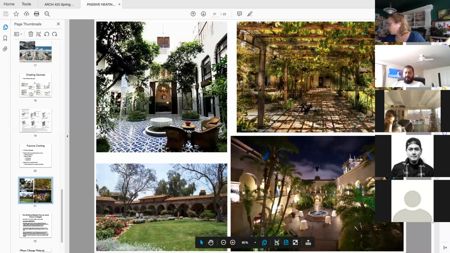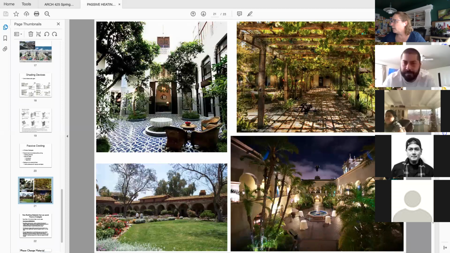This picture's all lit up and dressed up for some event, but they have the fountain. A fountain or a water element is a typical feature in a courtyard that is trying to utilize that courtyard for cooling purposes.